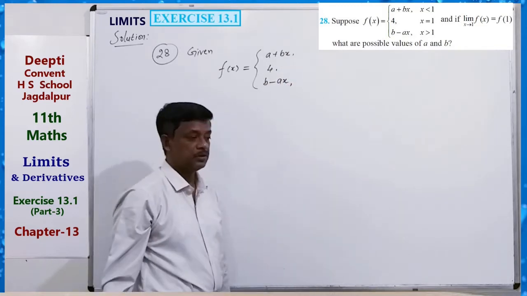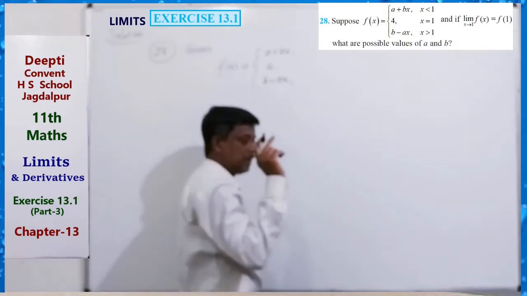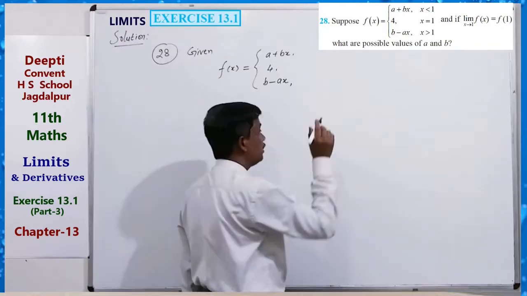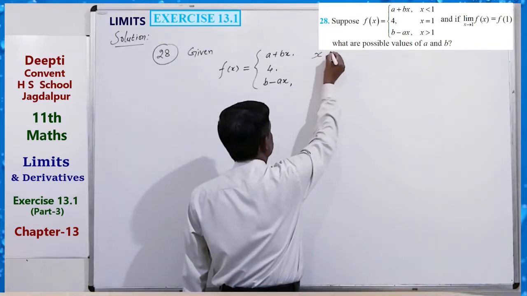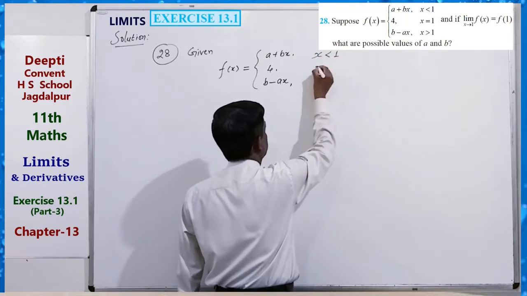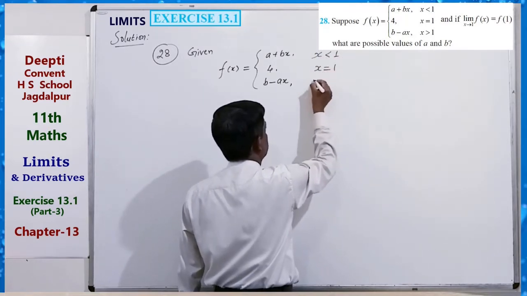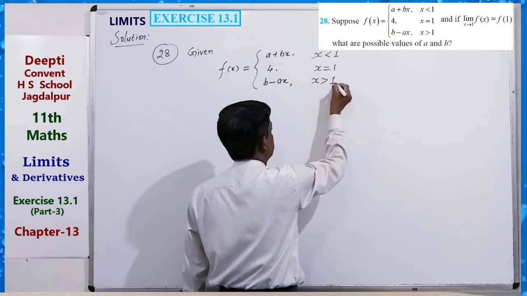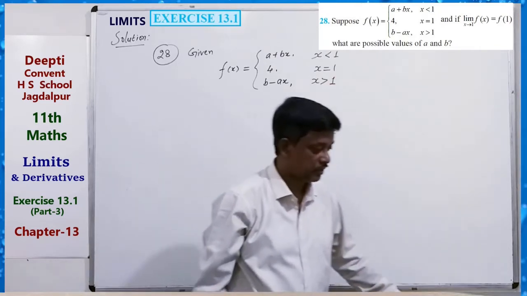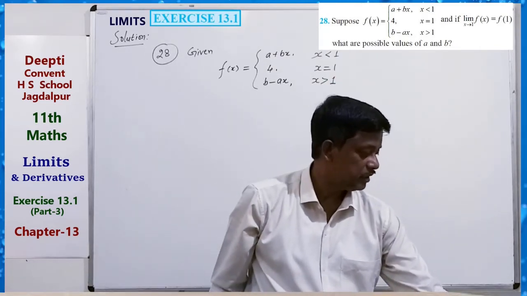The function is given with three values: a plus bx, 4, and b minus x. Here just given like this: x less than 1, x equal to 1, x greater than 1. This is the given function.